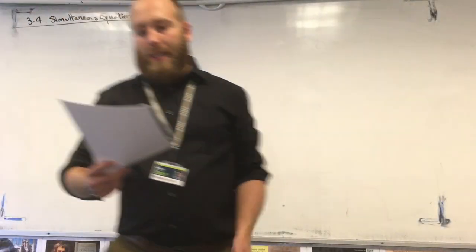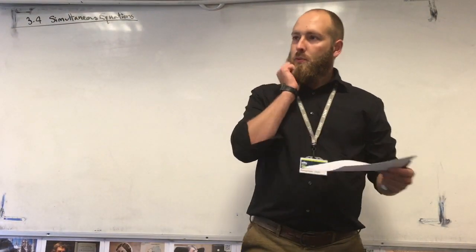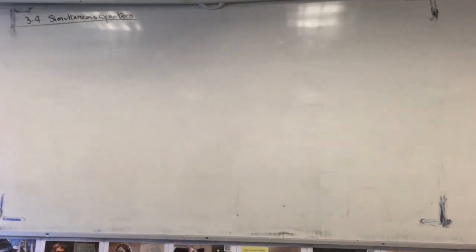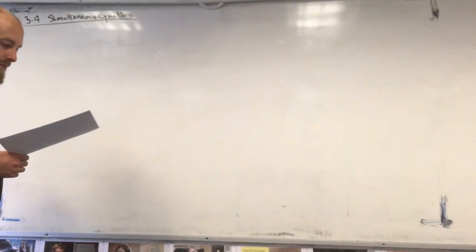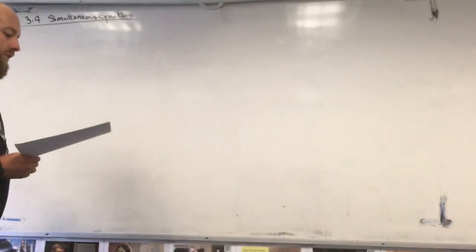Right, so today we're going to be looking at simultaneous equations. We've done a little bit of this already back when we were doing coordinate geometry, but it is a really useful skill for your A-level. So two topics we want to do today.